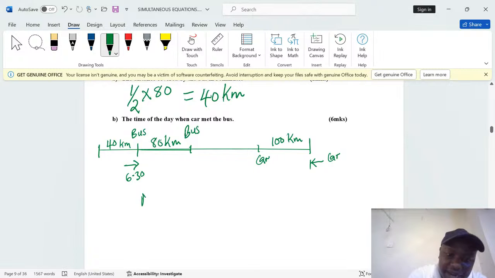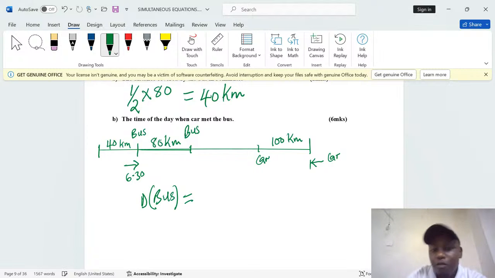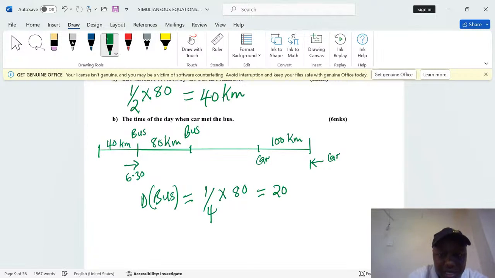Therefore, the distance covered by the bus during the repairing of the puncture, a quarter of an hour, that is 15 minutes, at a speed of 80, will be 20 kilometers. So during the repairing of the puncture, we will have the bus again covering 20 kilometers. So the bus will be somewhere here. This is 20 kilometers more covered.